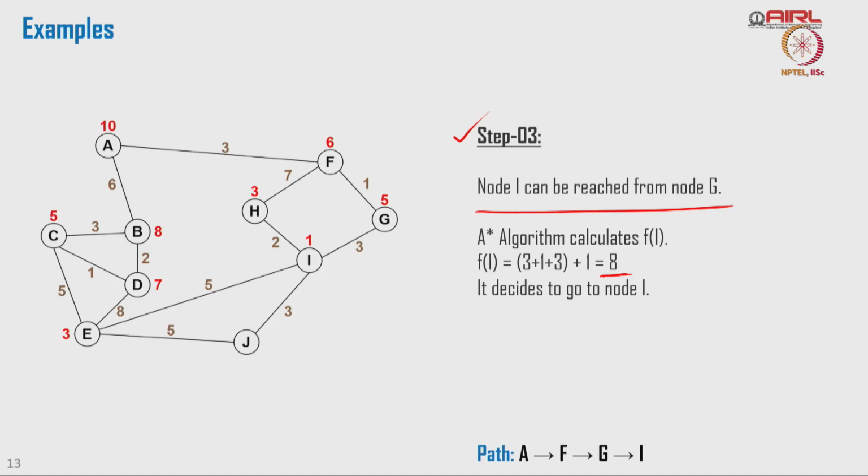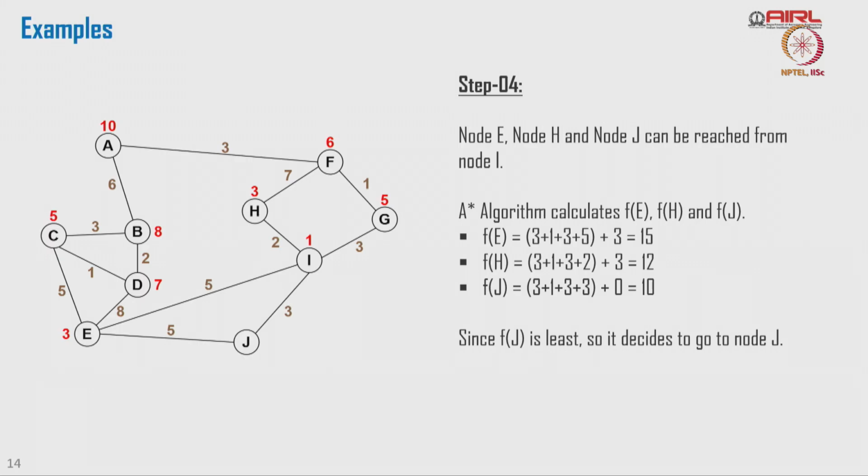So, it will decide to go to I. Now, from I it can go to J, H and E. When we calculate like this, if it goes from node I to E, then we have to calculate the total cost, that is 3 plus 1 plus 3, right, plus 5.